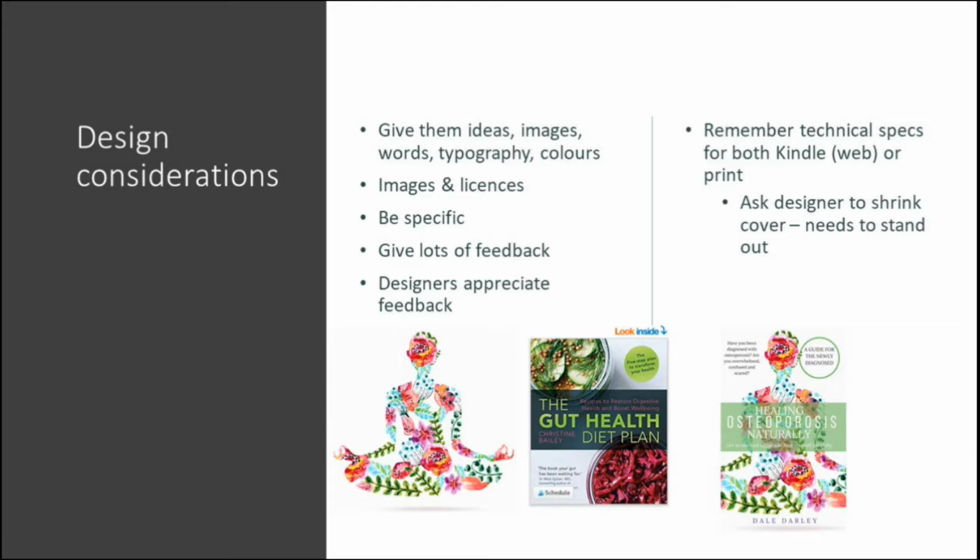So I wanted an image that conveyed natural healing. Things like flowers and leaves gave me the feeling that my reader would see that it is about the body. And the yoga pose, again, is about mindfulness and being at one with yourself.